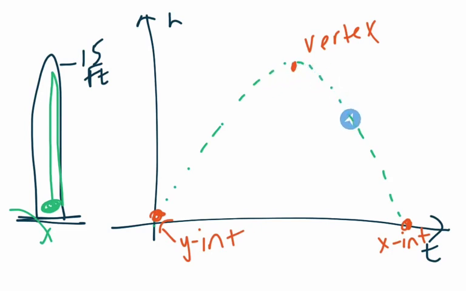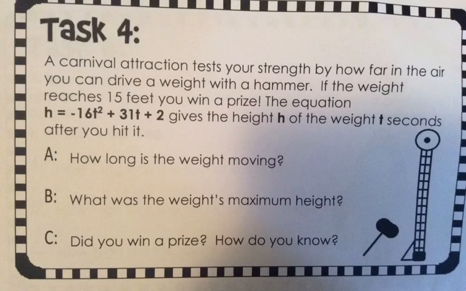So it's moving, now it's falling back down, moving, moving, stop moving. So when it asks how long the weight was moving, the number that we want is the x-intercept. So I'm going to come over here and write in x-intercept.